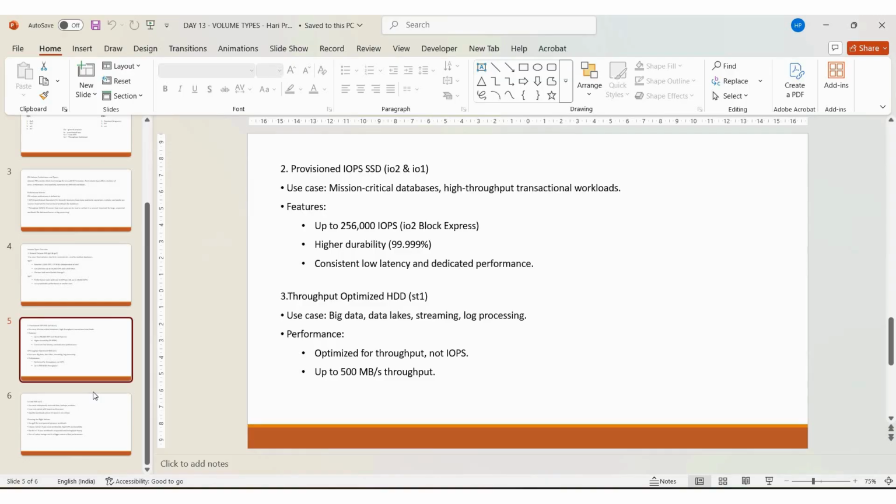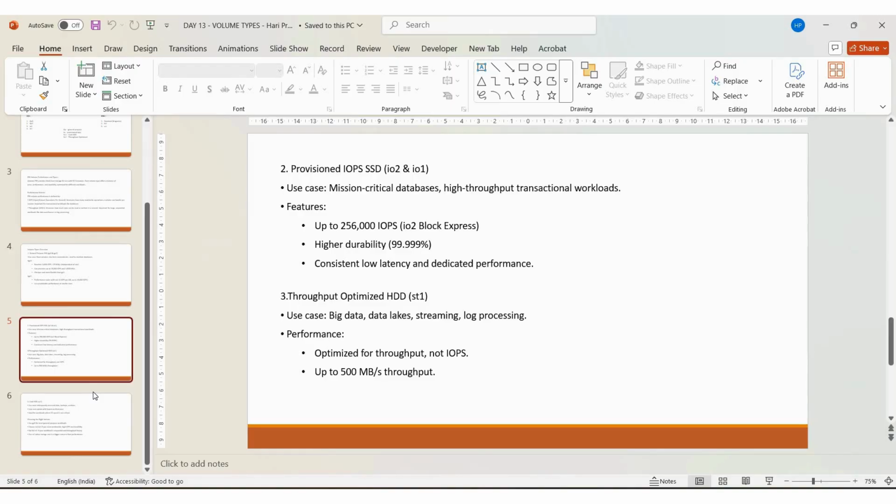One example: ST1 is throughput optimized HDD, like a cargo train that moves a large amount of goods efficiently. It's great for continuous bulk movement, but not for quick random deliveries. This is also called ST1.